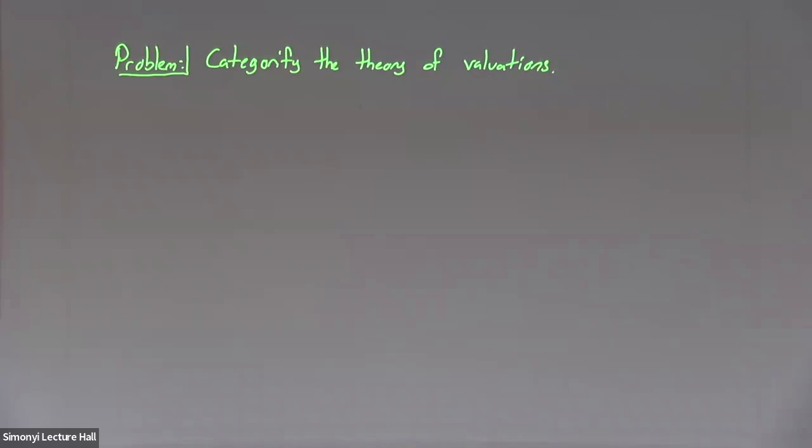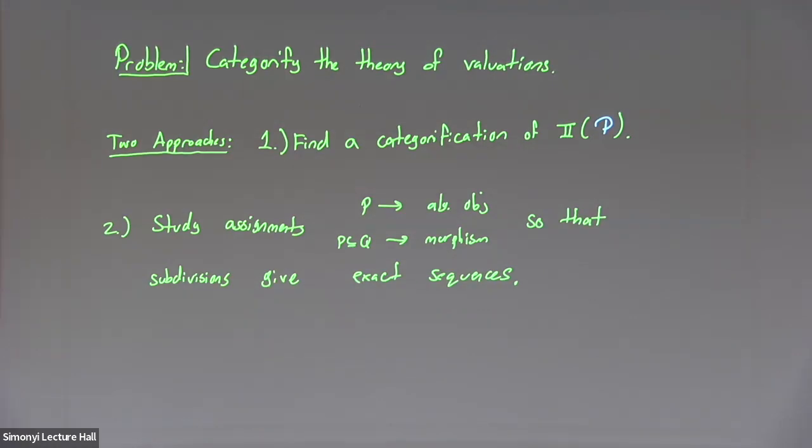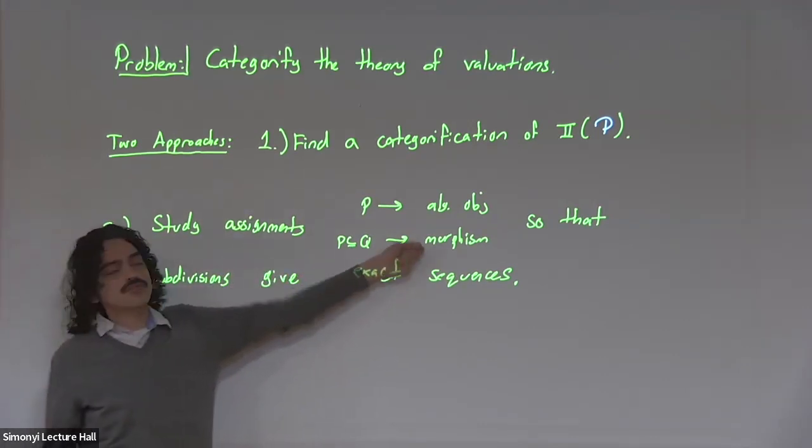And there's two possible ways you can go about this, at least. The first way is you can try to find a categorification of the space of indicator functions, and then try to define valuations as things that factor through this in some natural way. The second way is a slightly more direct approach, which is to study assignments, where you assign an algebraic object, like maybe let's just say a graded vector space, to every polytope in your family, to each matroid, and to inclusions of polytopes, you assign some sort of morphism.